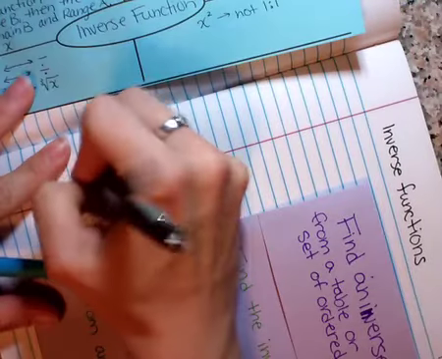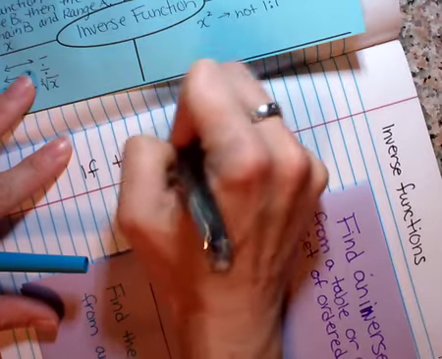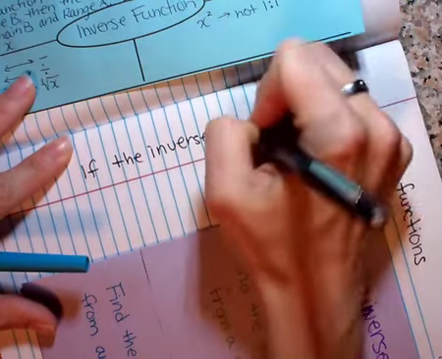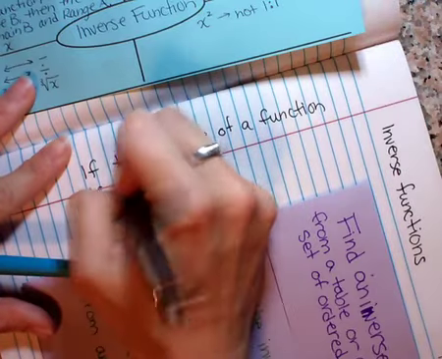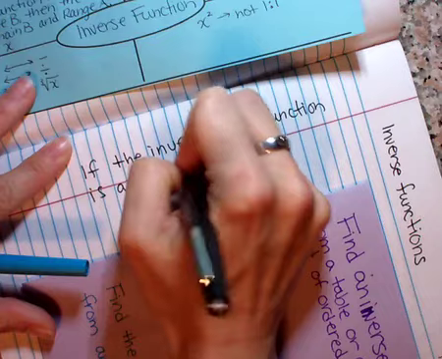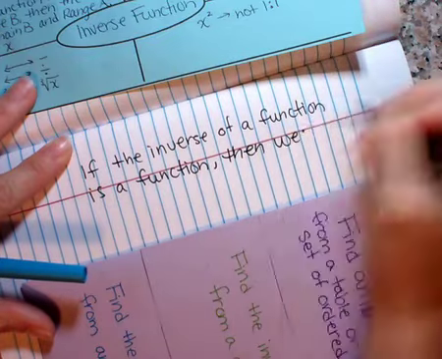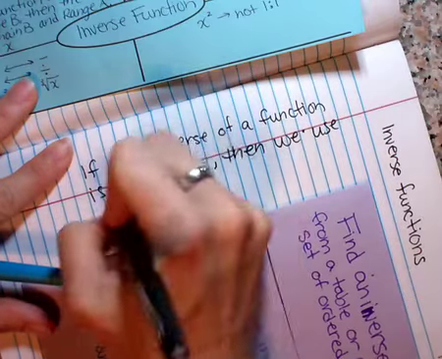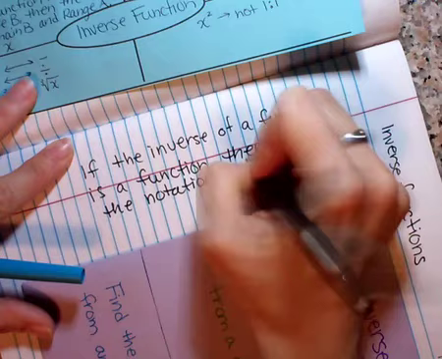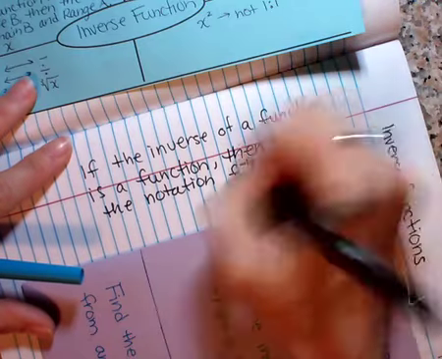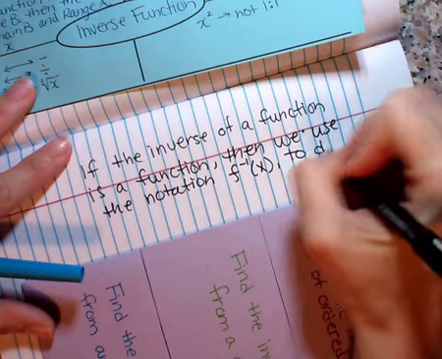So if the inverse of a function is a function, then we use the notation f negative 1 of x, or the inverse of x, to define the function.